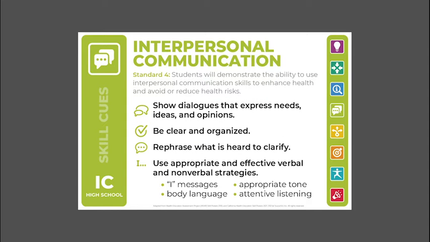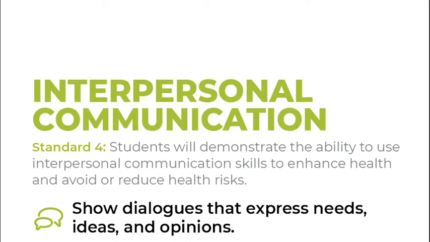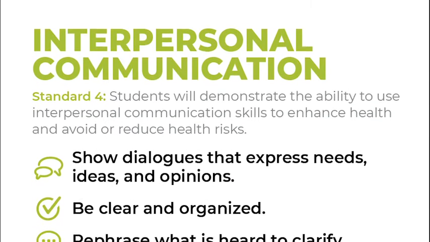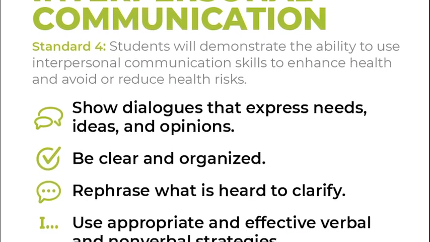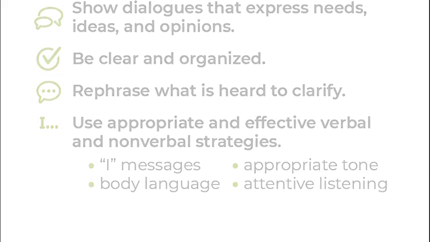The things that I just described are called skills cues, and they are on our poster, and they are ways that we have broken down the interpersonal communication skill so that you kind of have a list of things that you're looking for or that you need to show to be able to do this skill.